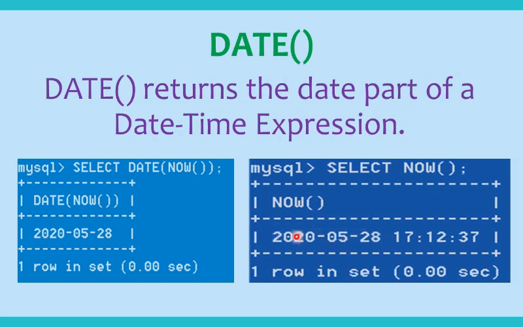What we can do? We can use date function. Now see, now function will give you current date and time, and its output will become input for date function. So date function will extract the date part from the date expression.